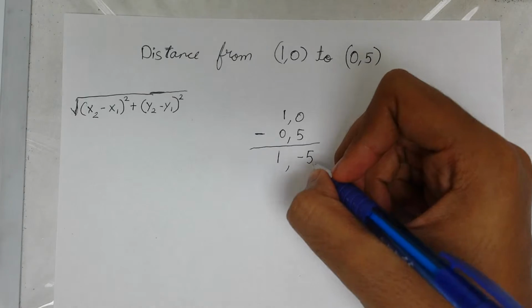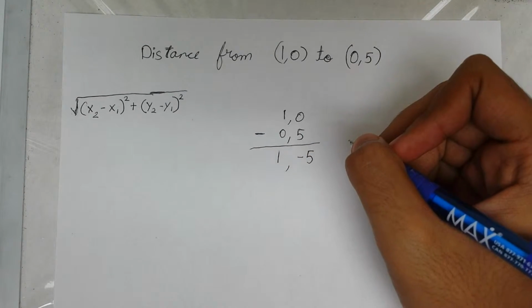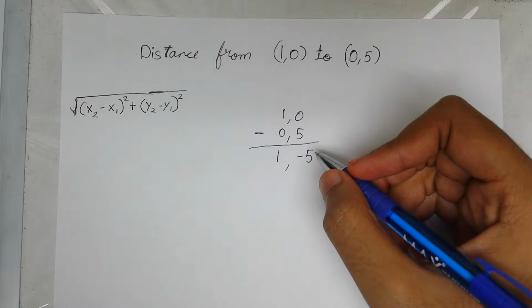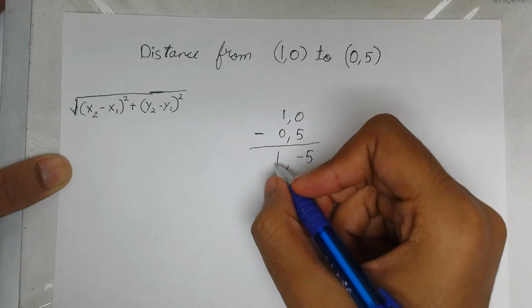So, you get this. And you might be like, dude, this is not the distance. What are you doing? And I know it's not the distance. But, to find the distance, you gotta square this.